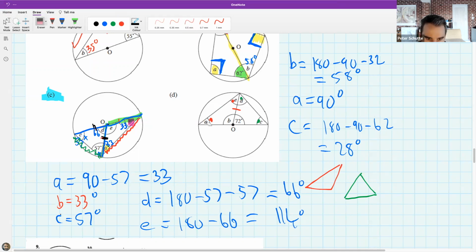Let's finish with this question then, because I think this is the last one for today. So let's do that, and then we're going to call it a day. Let's find A, B, C, E, and D. And once we've done that, we can call it a day for today.